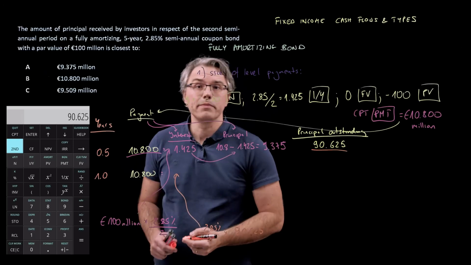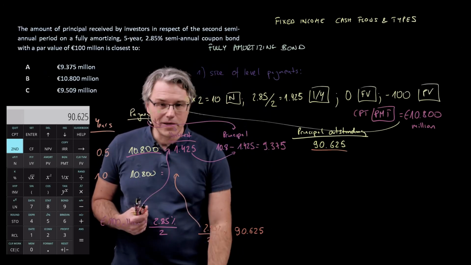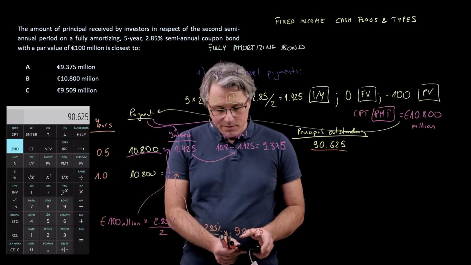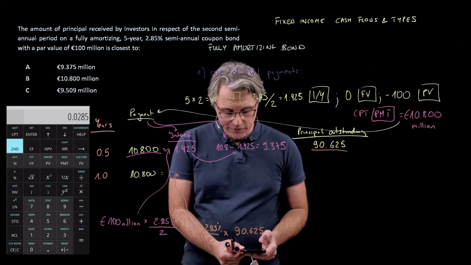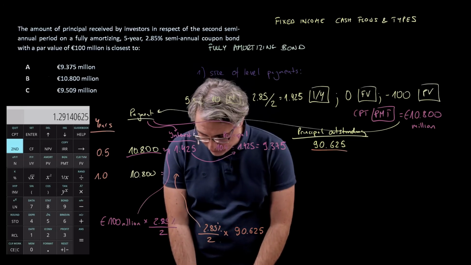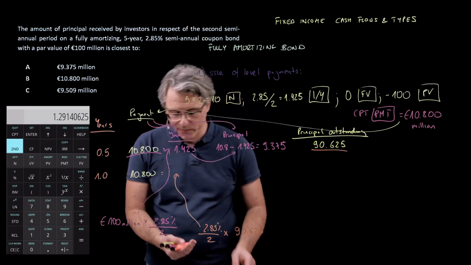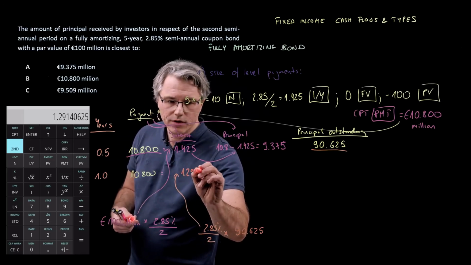The message is you only pay interest on what still remains, on the principal that still remains unpaid. So 90.625 times 0.0285 divided by 2 is 1.291 roughly.